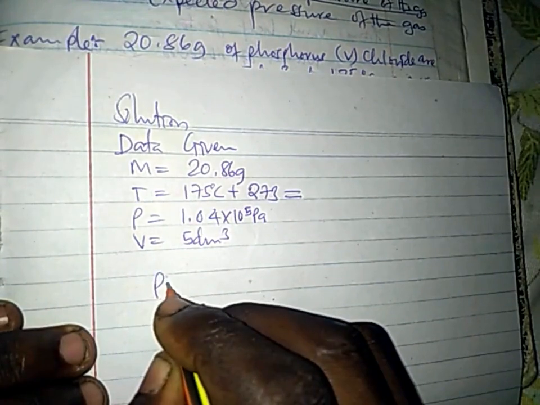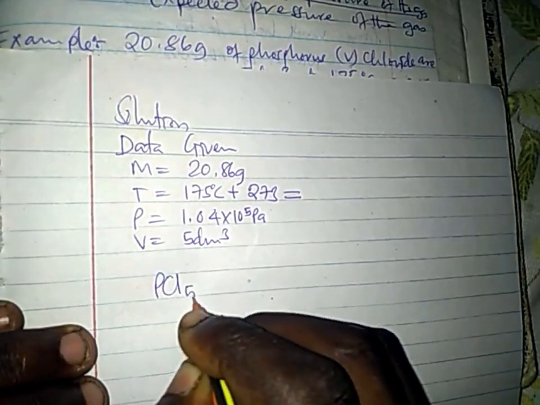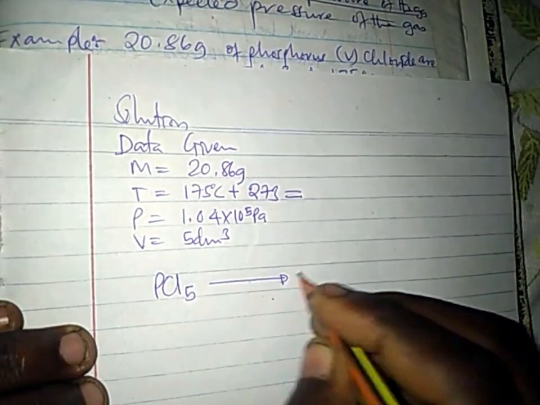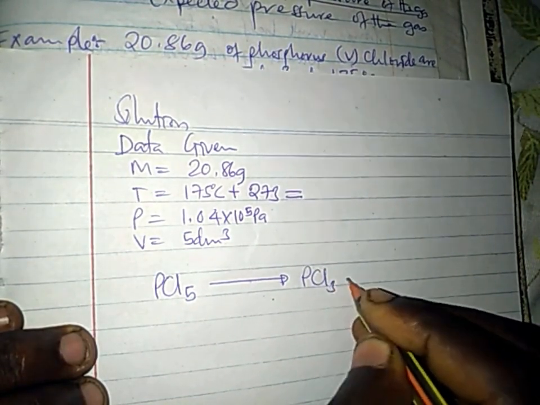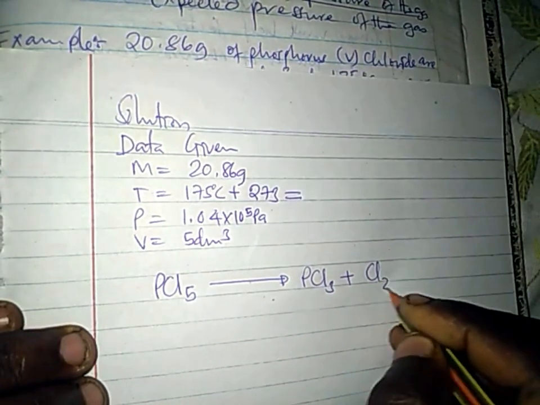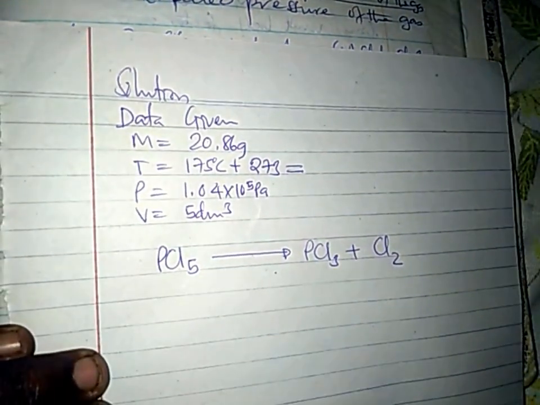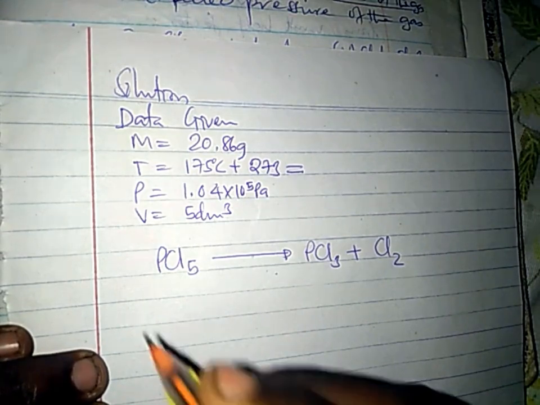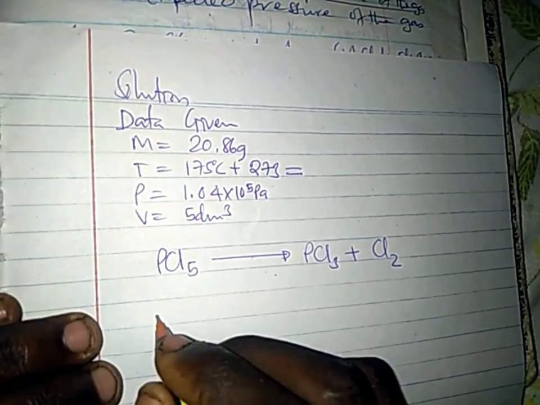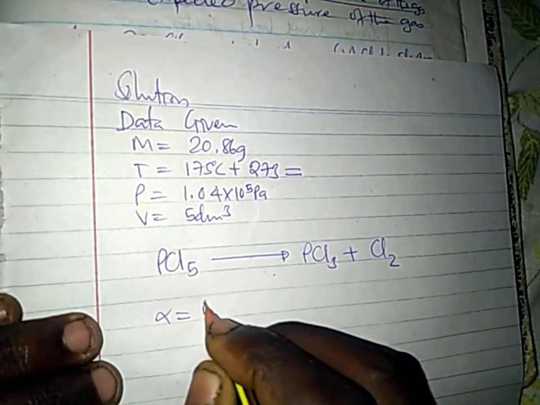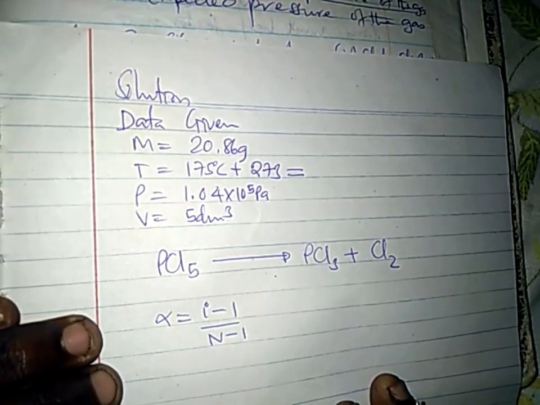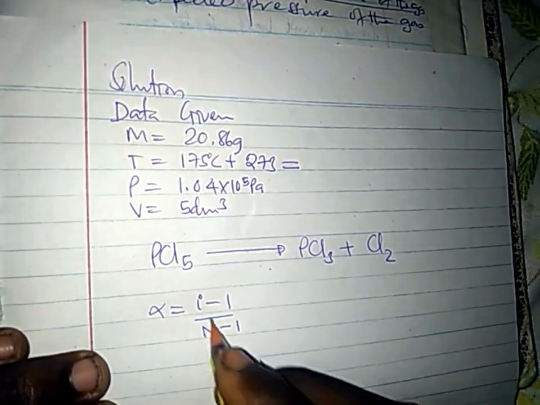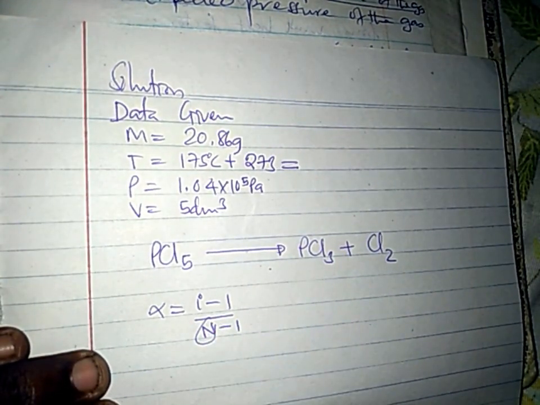So the equation will be phosphorus pentachloride dissociates to form phosphorus trichloride plus chlorine gas. As we know, our formula is that the degree of dissociation is equal to Van 't Hoff's factor minus 1, then it's n minus 1, and n is the number of particles formed after dissociation.